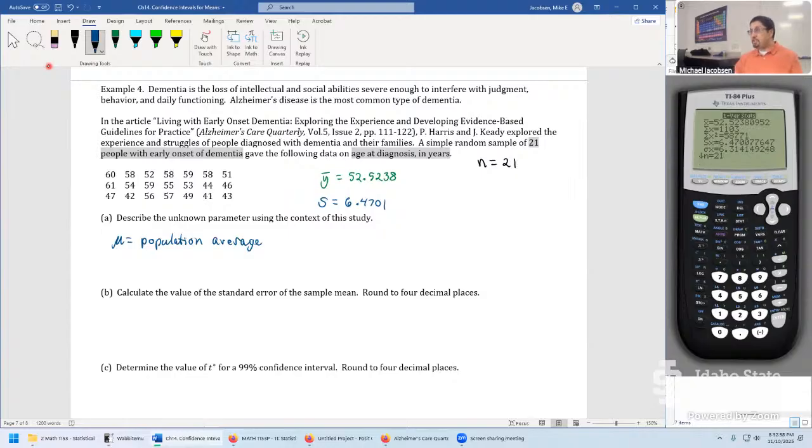It's kind of like in chapter 13 where you could say either proportion or percentage. But if you said percentage, you're actually doing a decimal swap. Here, there's no change in our actual numbers, just a different way to convey it. The population average, well, here we have to say what the data actually represents, what the quantitative variable represents. And then we'll say for all.